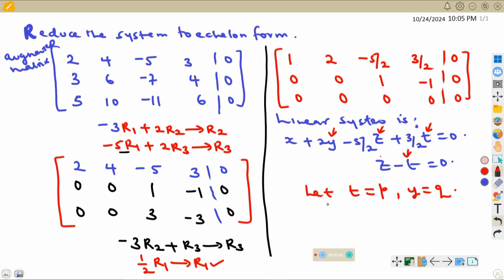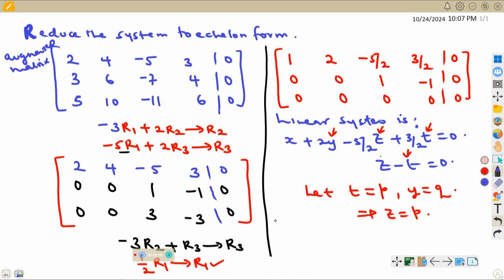So from this we shall have z equal to p. Then we can also have x here.